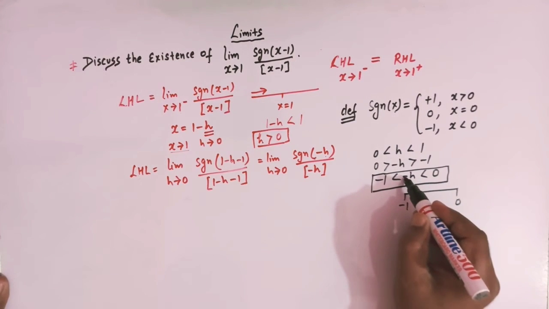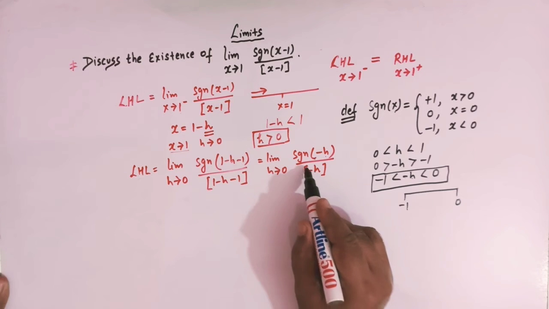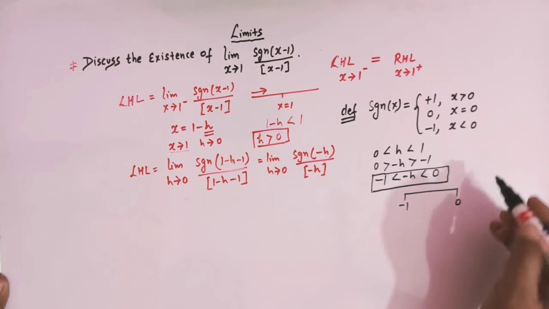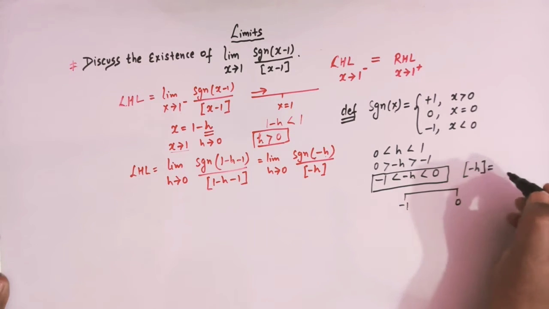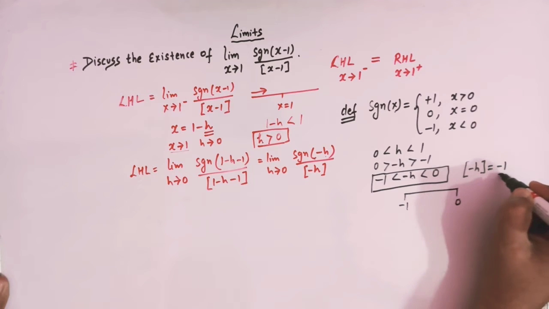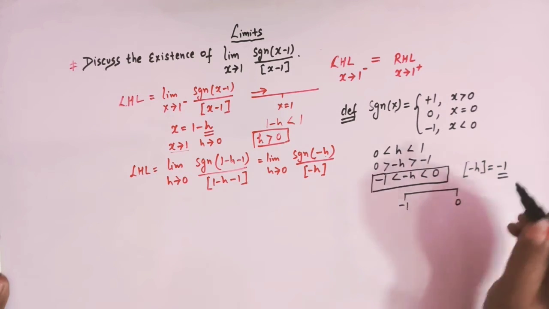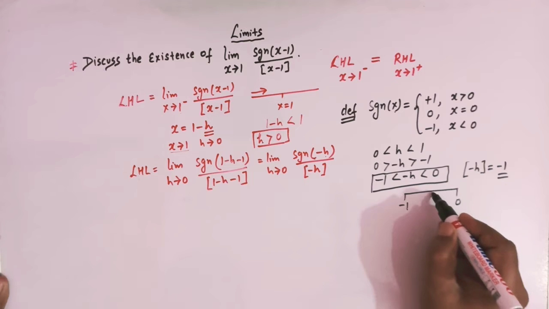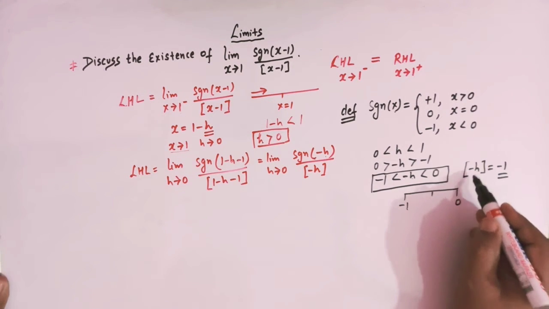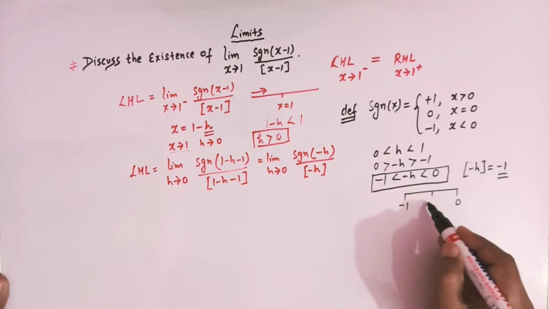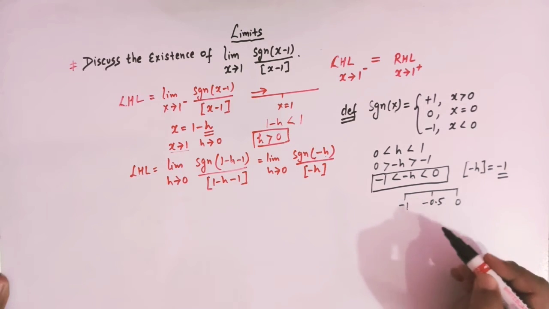So when minus h lies between minus 1 and 0, then by the definition of greatest integer function, the value of greatest integer of minus h must be equal to minus 1, right? Because see, if we have say h is equal to 0.5, so here we have minus 0.5, right?